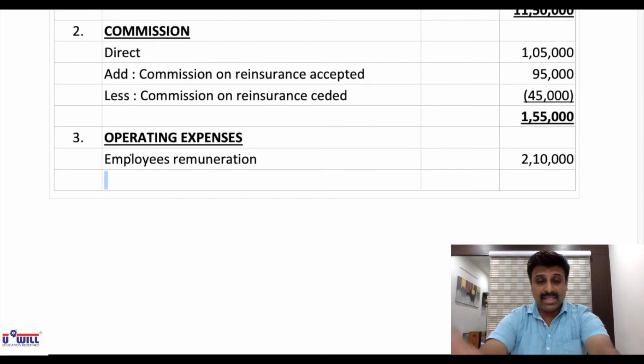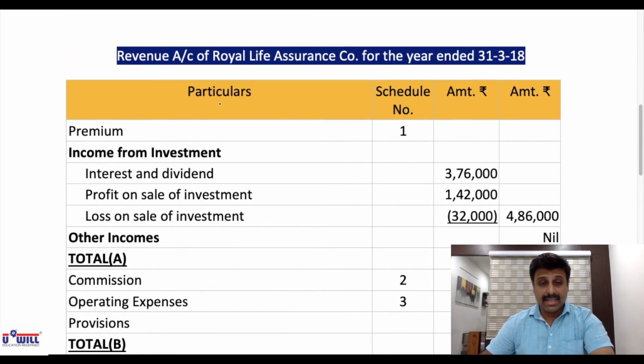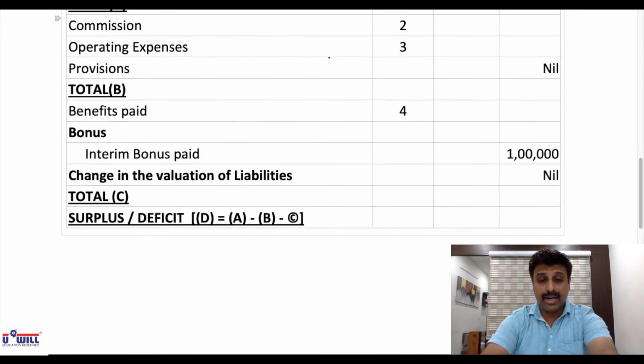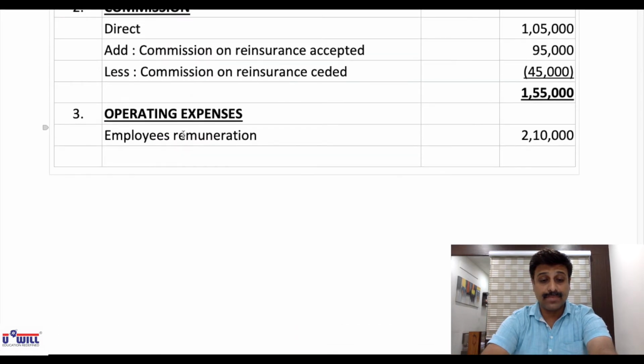Now after employees remuneration, which is the next item marked as O, rent, rates and taxes 40,000. So all of you write down rent, rates and taxes 40,000.